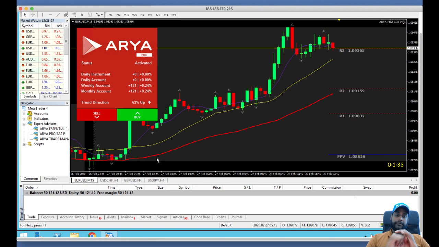I will also show you an example of an Arya template that you could use if you are more of a scalper or a day trader. So if you are someone who is, for example, willing to spend all your time in front of your screens and trading in a more, I would say, active and maybe aggressive way, I will show you how to create templates that suit your trading style.